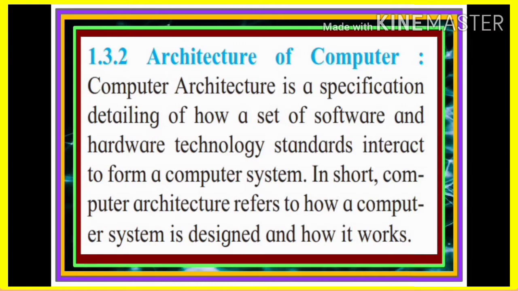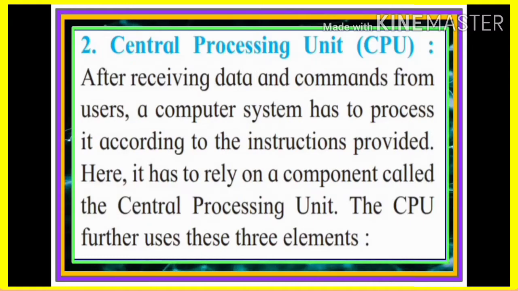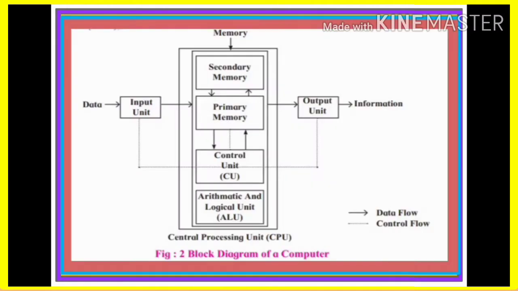In our last part, we have discussed the architecture of computer, the 3 basic components of computer, that is input unit, central processing unit and output unit, and the block diagram of a computer.